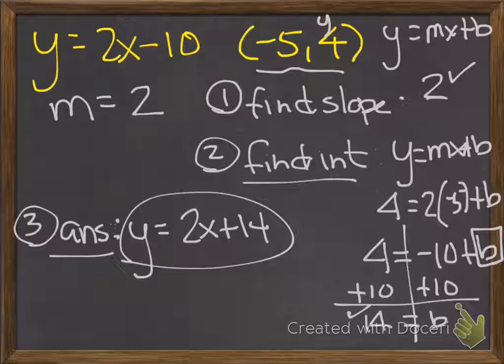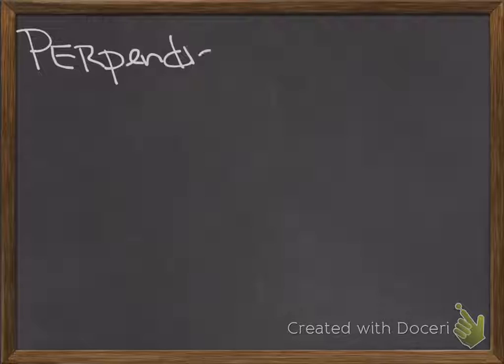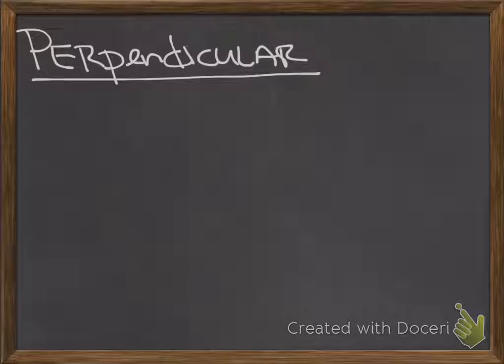Yep. Okay. All right. So we talked parallels. Now we got to talk the other type of line we have. How many of you guys have heard of this word before? What's perpendicular mean? Okay. They do intersect.